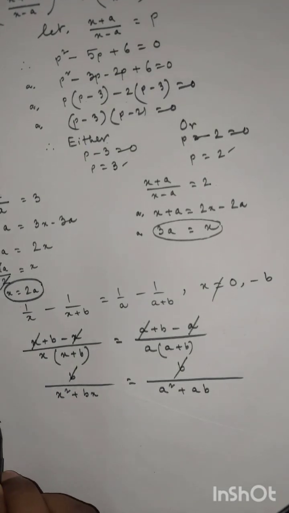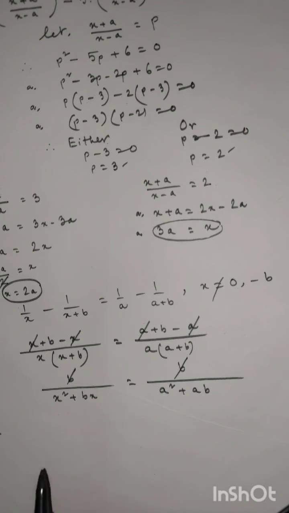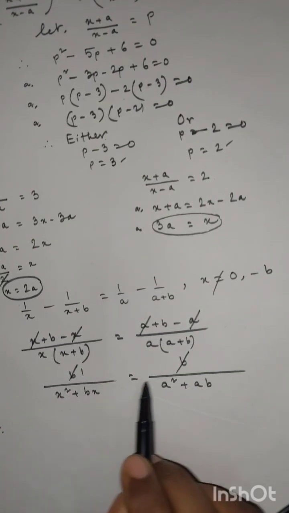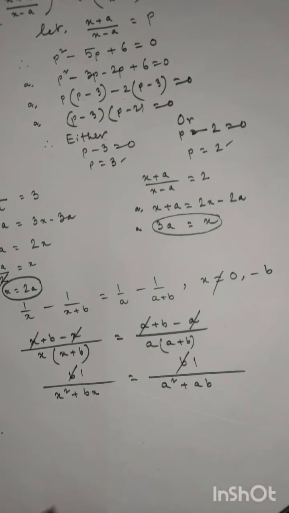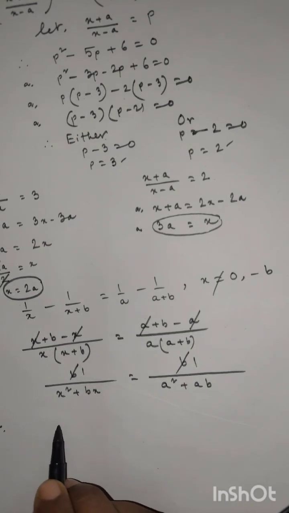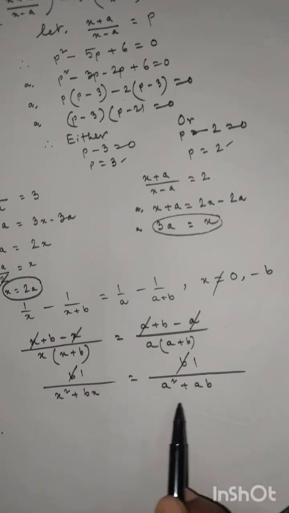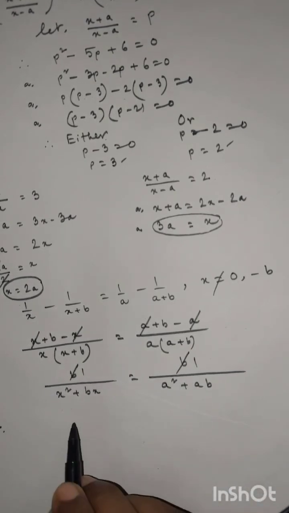Now, or we can write this is 1 by this and this is 1 by this. So we can write this equation as, okay, you can write it by cross multiplying.